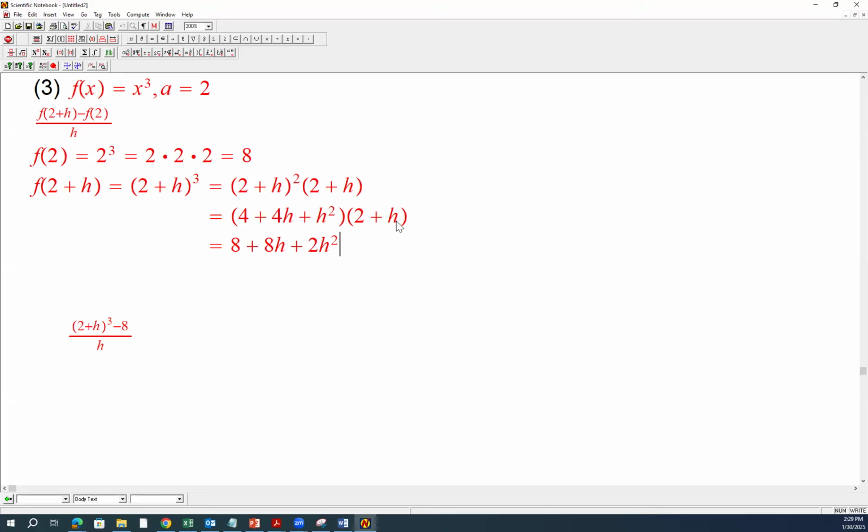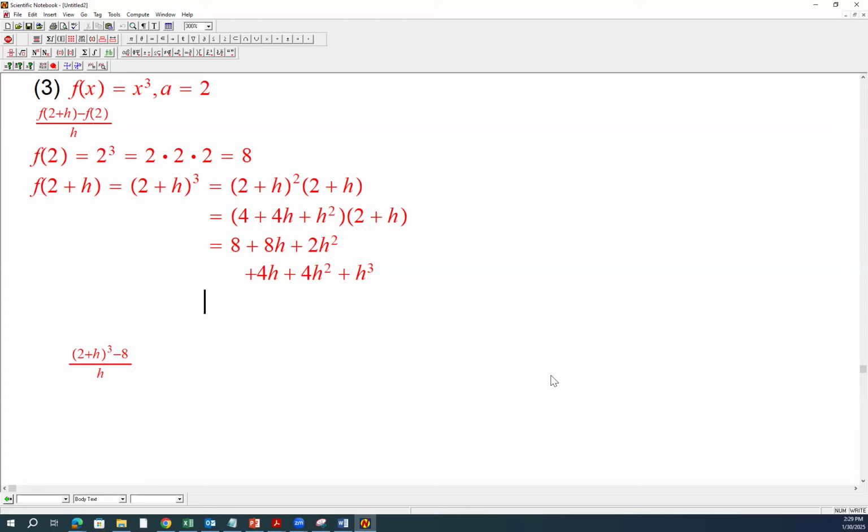Okay, and next round we're going to take the h, multiply each one in the front parentheses. So we're going to have 4h, plus 4 times h squared, 4h squared, and plus h to the power of 3.